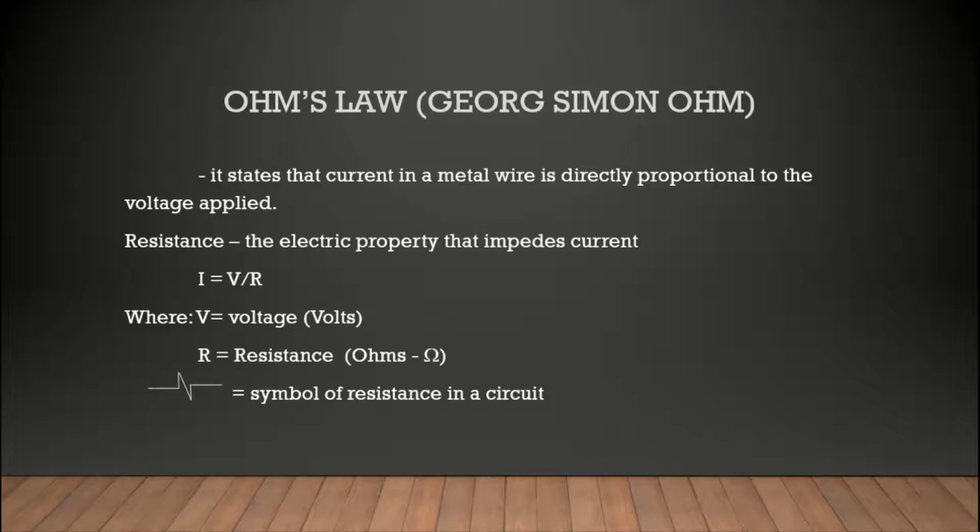Ohm's law was first demonstrated experimentally by George Simon Ohm. It states that current in a metal wire is directly proportional to the voltage applied, where this relationship between current and voltage is known as Ohm's law.